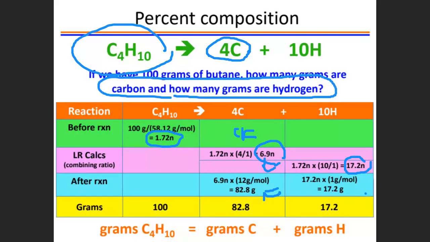If we ask you in mole, we could stop here, correct? But since they ask you gram, that's why we do this. So then finally we find the gram of carbon, gram of hydrogen, and total gram of starting material.